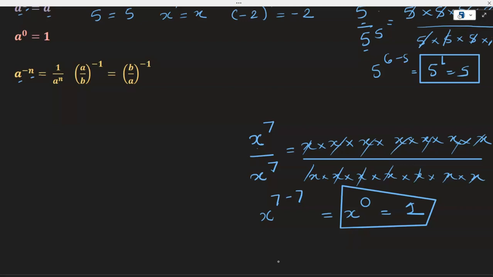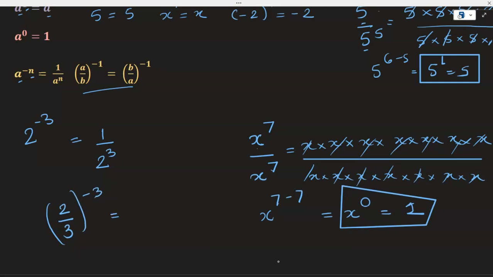Let us say I have 2 to the power minus 3, and it is required to write this exponent as positive. Not a problem, just take the reciprocal of that and your power will be positive. Based on this law, we can derive one expression. For example, you have two numbers with different bases divided by each other, let us say 2 by 3, with a common power, let us say minus 3.